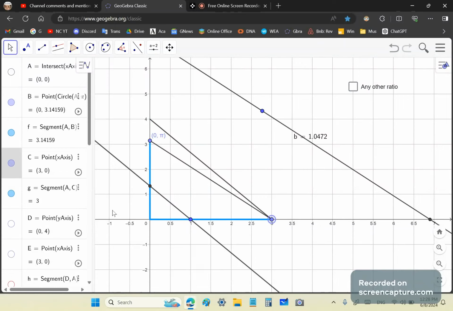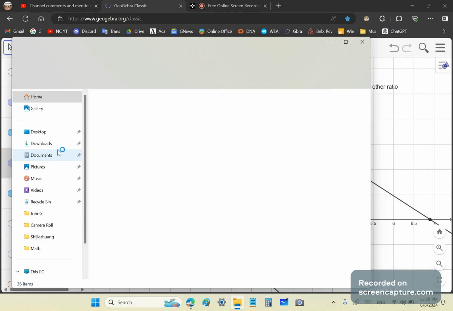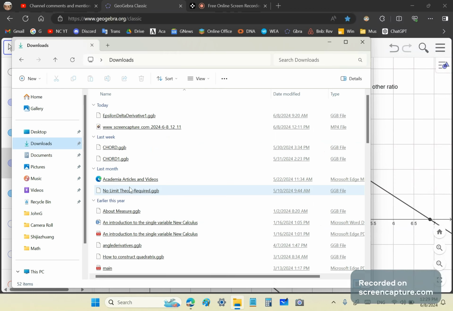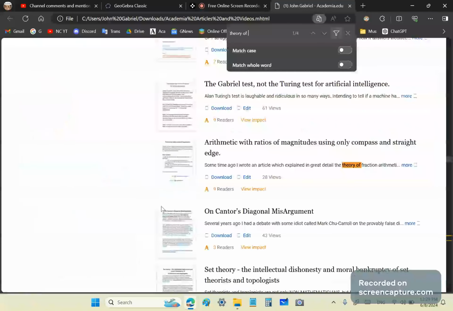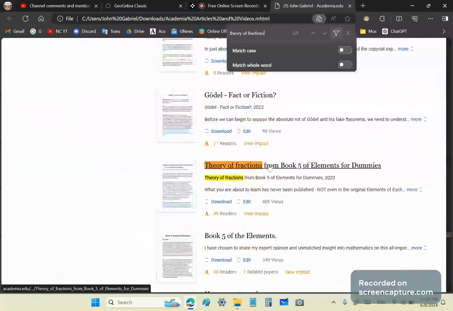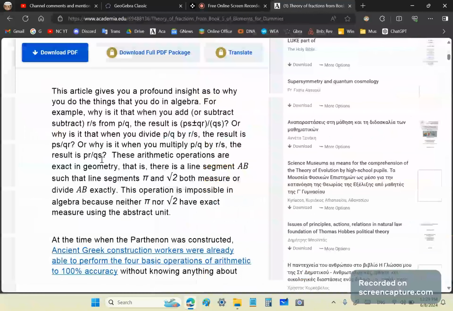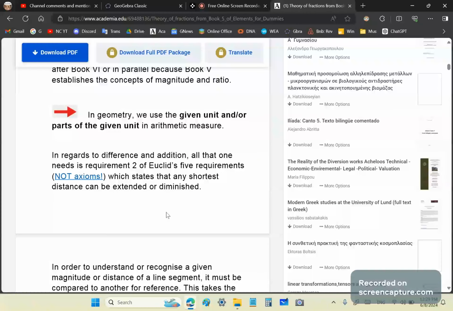Now, instead of me carrying on and telling you all about these things, I've written a fantastic book, article, in fact, for you to study. So if you go to my website and you type in theory of fractions, in fact, I'll place a link to it. This article here explains all these brilliant facts to you, stuff which no mainstream professor knows about, because they're all morons, like most of you.